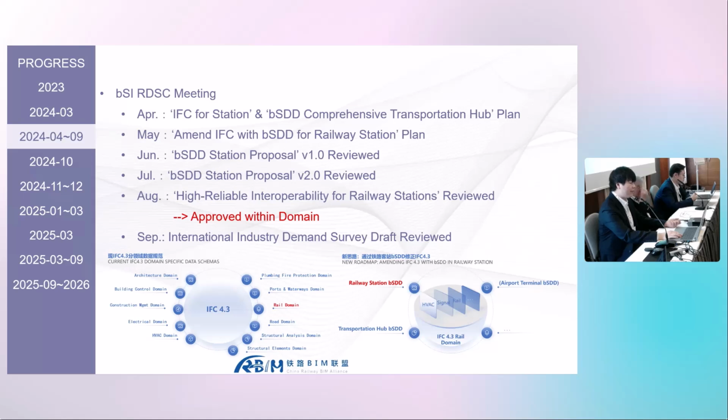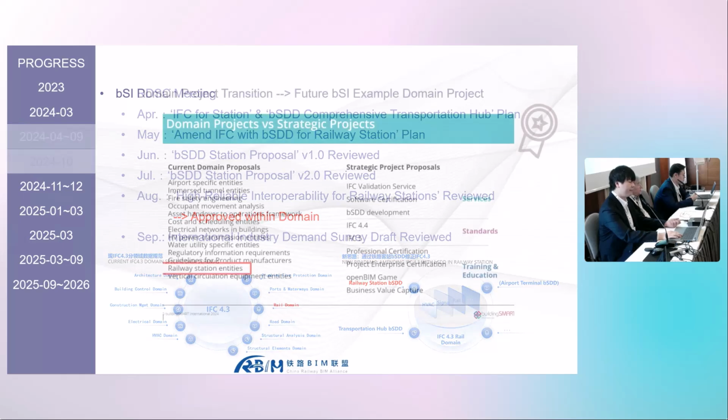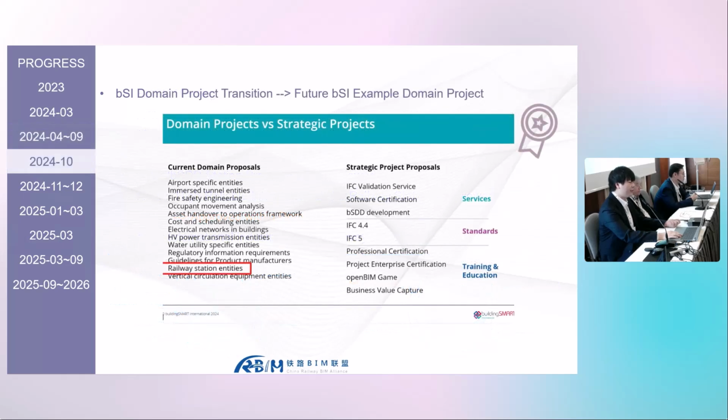We also held our first international industry demand survey and finally got it approved within the domain. With our efforts, we turned our project from a buildingSMART International domain project into a future bSDD example domain project. This remarkable process got our project well known within buildingSMART International.